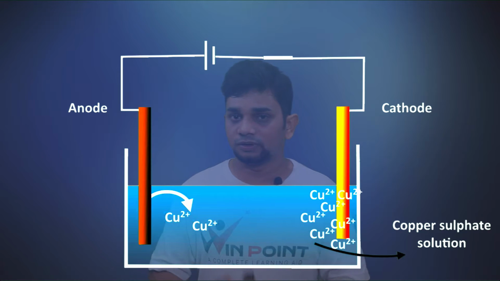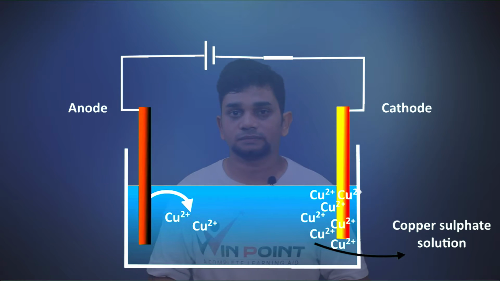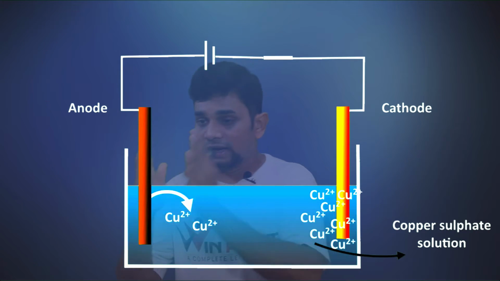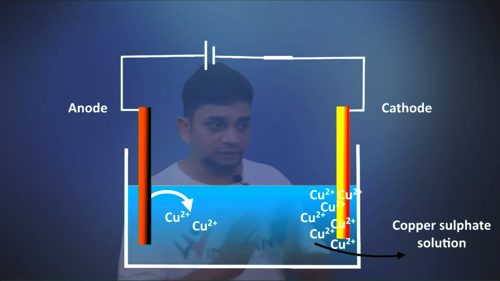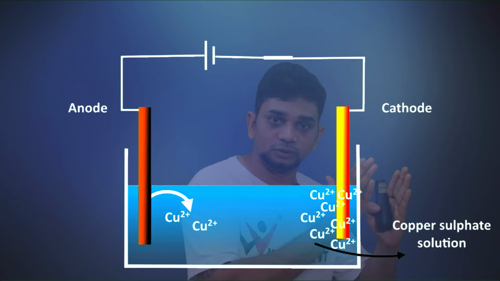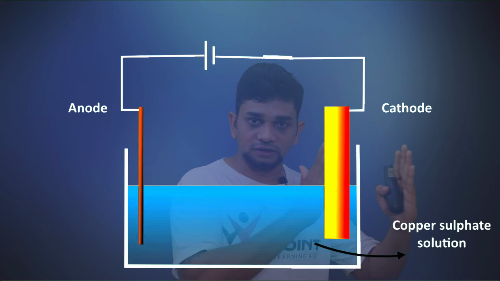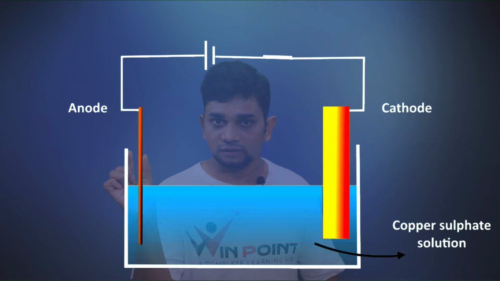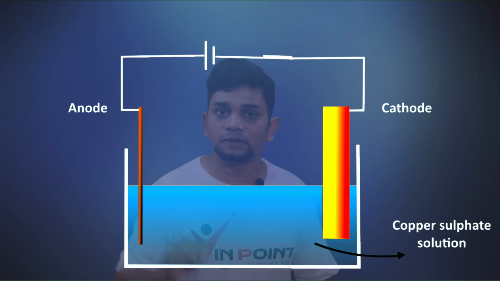The thickness of the anode decreases and the thickness of the cathode increases because all the copper is depositing at the cathode. This means the anode is dissolving into the solution.